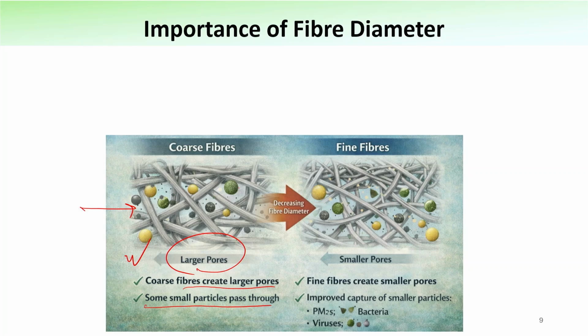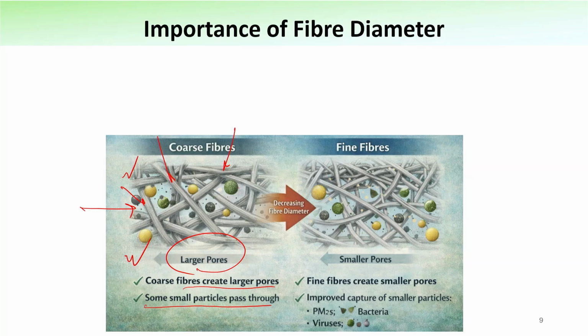Now, if we want higher air flow for our requirement, we have to use the coarse fiber, but at the same time if we want to increase the filtration efficiency, we can incorporate some additional treatment, like electrostatic charging.